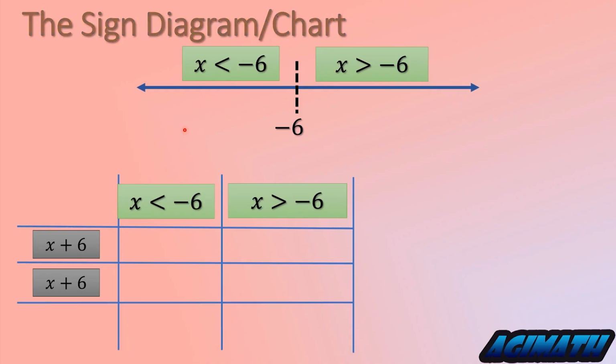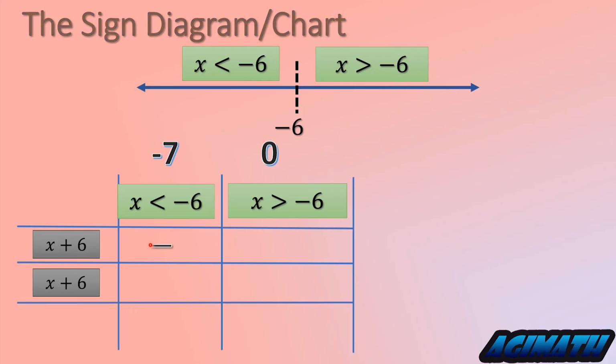And then we are going to choose a test point. So for example, on this interval, I'm going to choose negative 7. On this interval, I'm going to use 0. Again, this is one of the easier ways. If 0 is part of the interval, then use it. And then we are going to substitute.